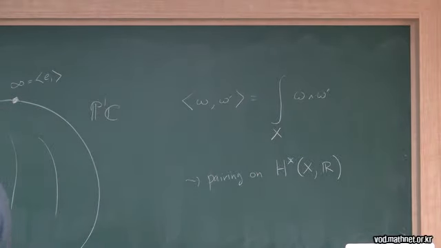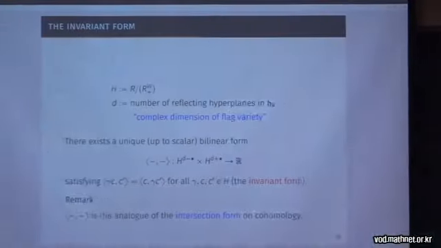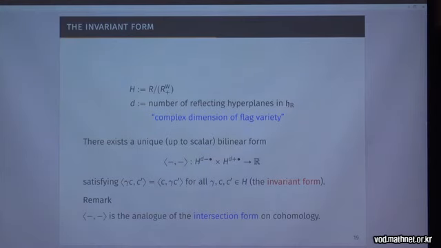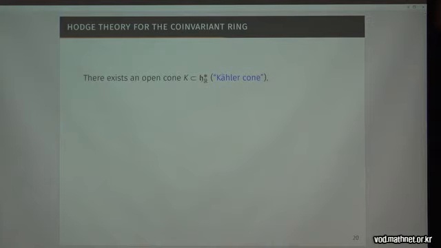So it turns out to have a unique form that you can call the intersection form. All of this is rather easy to see. And there also exists some open cone.